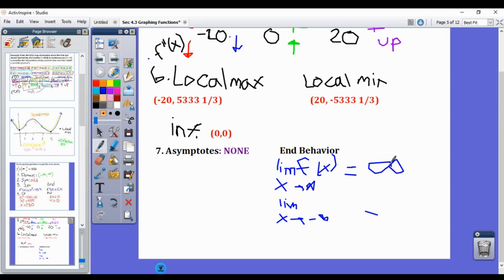So f of x is going to negative infinity. Okay. All right, step number 8.